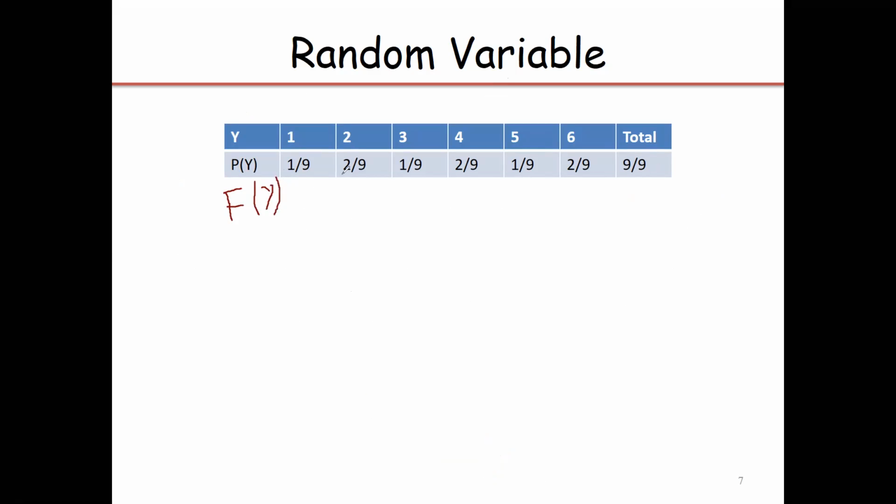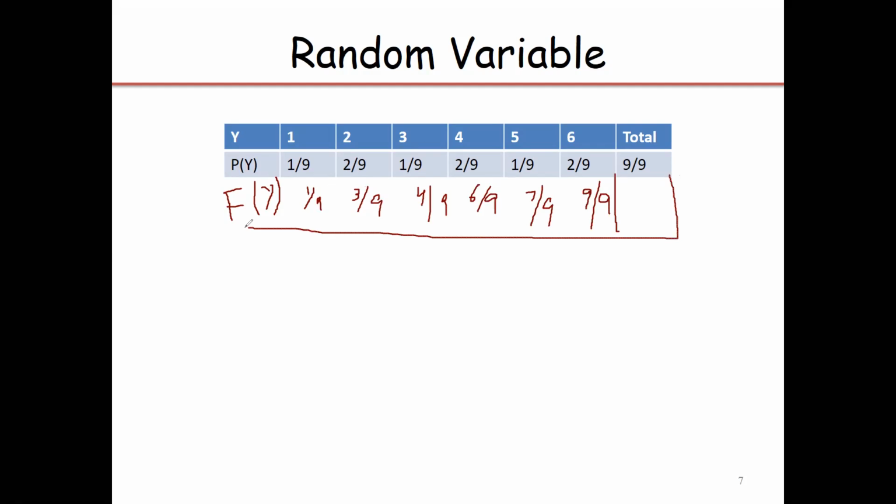For a cumulative distribution, you have to add these probabilities: 1 upon 9 and 2 upon 9 are added, becoming 3 upon 9, then 3 upon 9 and 1 upon 9 are added to make 4 upon 9, and so on. This is 6 upon 9, and this is 7 upon 9, and finally it will be 9 upon 9. These are called cumulative probabilities.